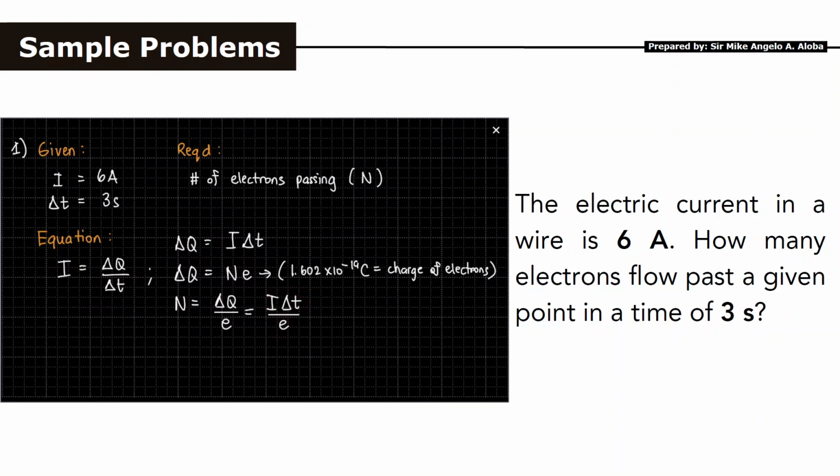Now we will substitute everything that we have. So we have a current of 6 amperes, change in time of 3 seconds, and e is always 1.602 times 10 raised to negative 19 coulombs.